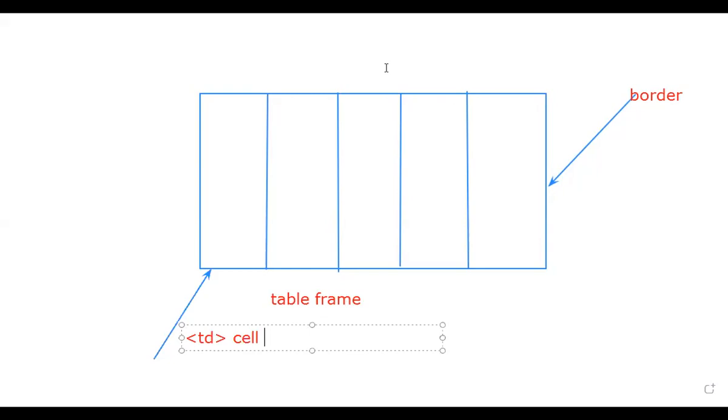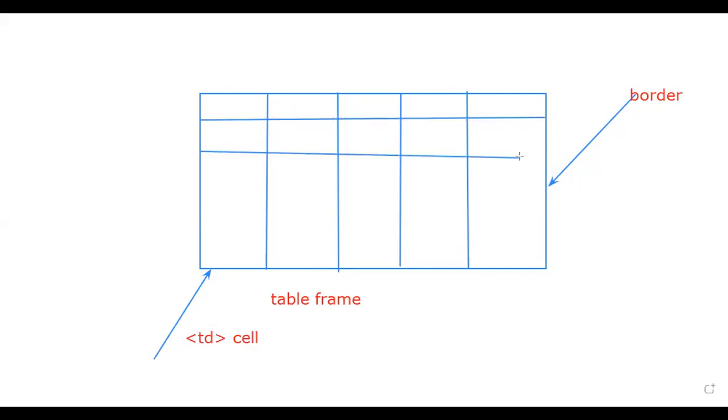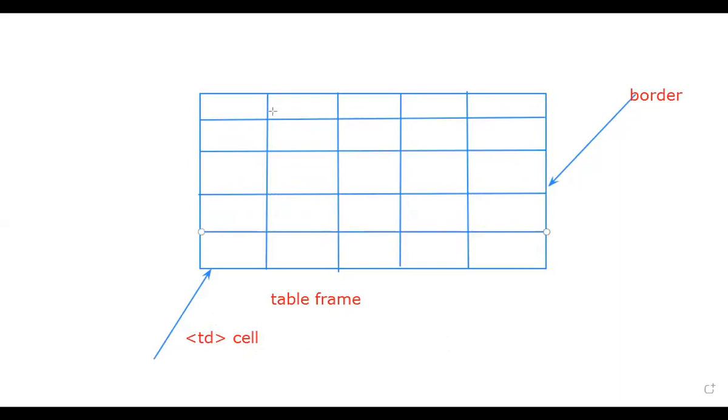Then when I want to create the rows, see, row number 1, row number 2. Suppose I want a few rows, like the third one, fourth one, and fifth one. So how many rows do I have here? 1, 2, 3, 4, and 5. So I basically have 5 rows here.